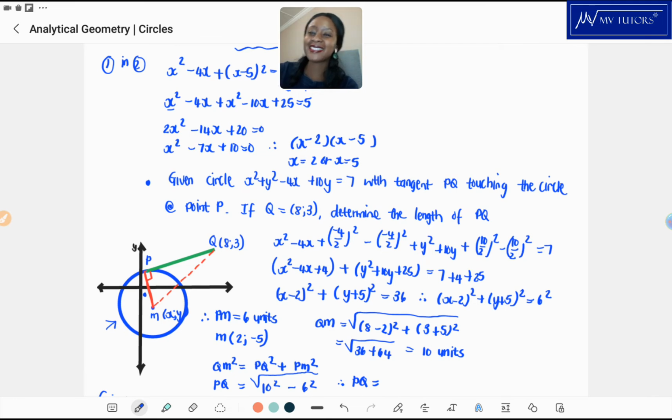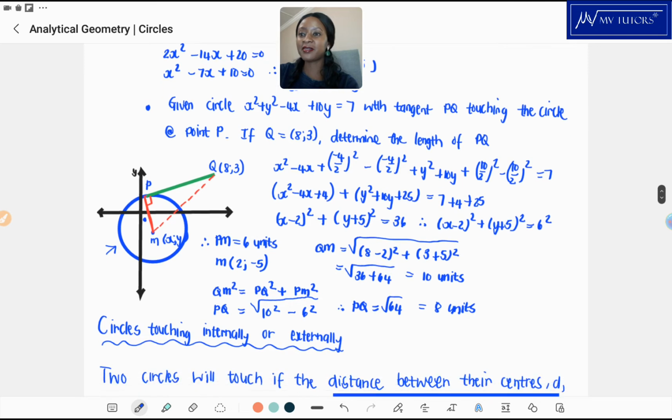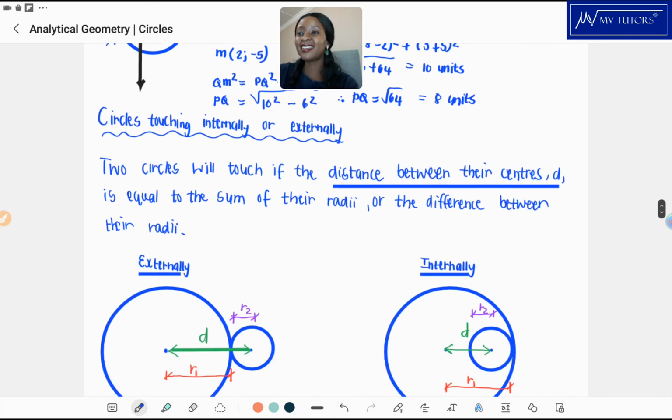So PQ is the square root of 64, therefore PQ is 8 units. Yes, we have found the length of PQ. That is how you would solve that. I gave myself little space, now I'm squeezing everything in.